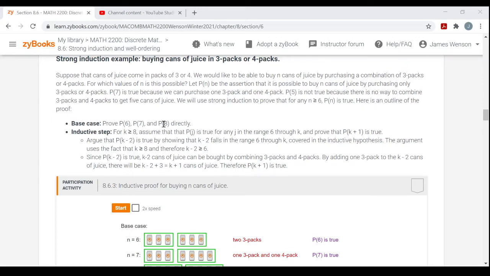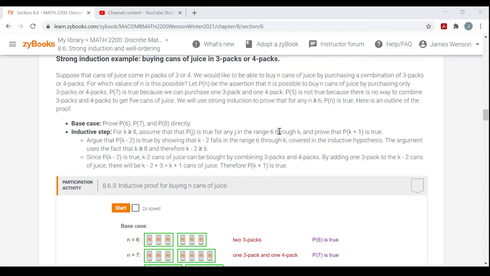So you see they did that here, 3 base cases. You can buy 6, you can buy 7, you can buy 8. Now for k greater than or equal to 8, assume that you can buy j cans where j is anything from 6 through k. And then you got to show that k plus 1 is true, right? You can buy k plus 1 cans. Now, again, you can buy k minus 2 cans because k minus 2 would be greater than or equal to 6.